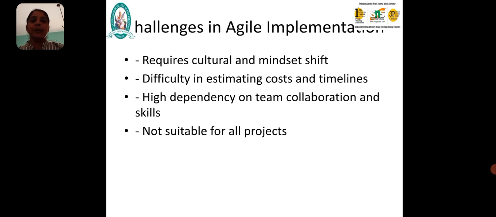Challenges are that we have to adapt to the technology and estimate cost and timelines. Team collaboration needs some skills. It is not suitable for all projects, but for high level projects it should be accepted.